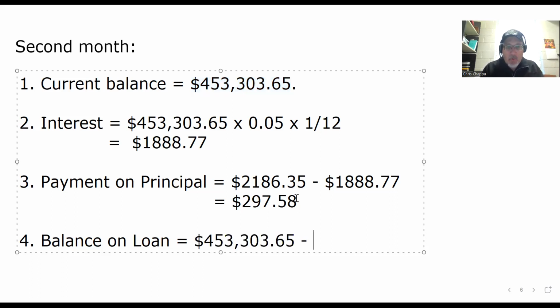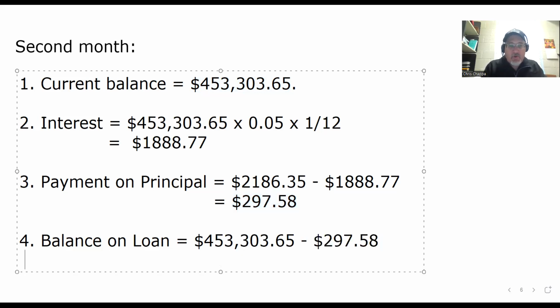And now I'm going to take away the amount that's left after the bank takes out their interest. And that is going to give me $453,303.65 minus $297.58. And now I only owe $453,006.07.